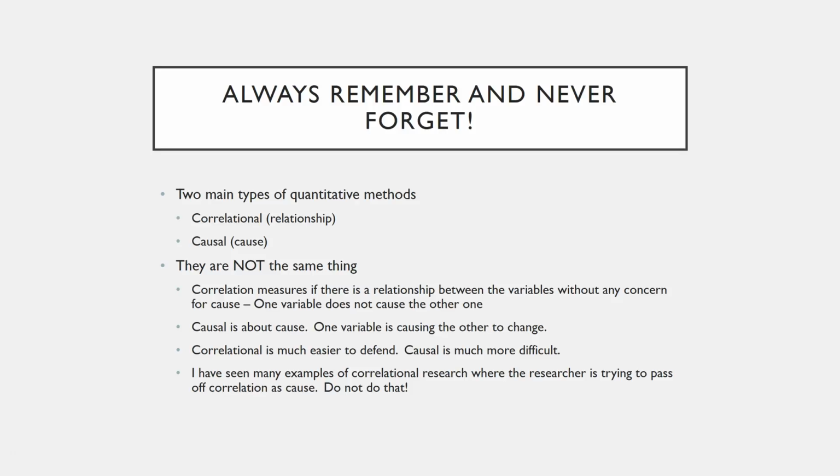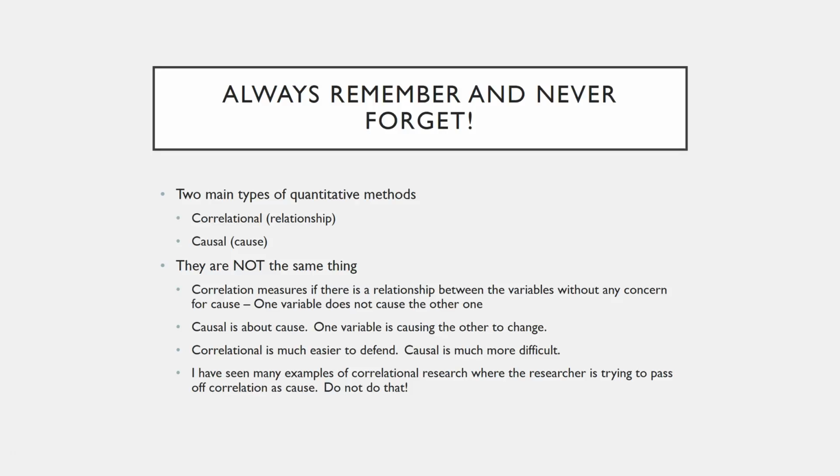These are not the same thing, and that is one of the biggest mistakes I see in quantitative methodologies: students look at the relationship between two variables, and they use that in a causal way to claim that variable A is causing the outcome of variable B. These are not the same thing.